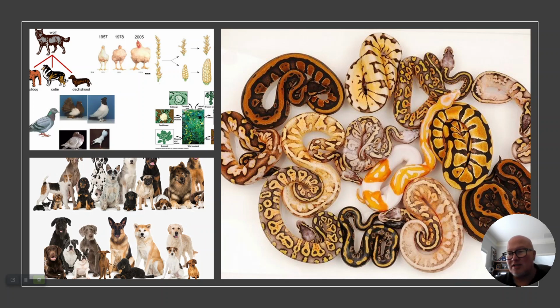Every snake that you see in this image right here is the same species. They're all ball pythons. And so what makes a difference is the way that different genes have been put together to give them these different morphs. It's just like skin color in a human. The difference just shows up more on the snakes because of the patterning in their scales. But these are forms of artificial selection.